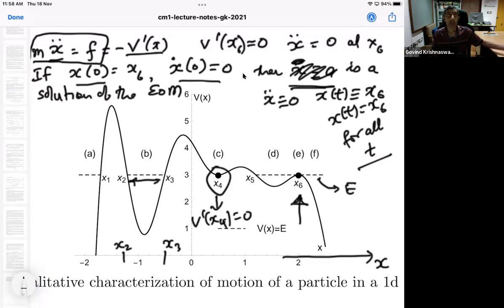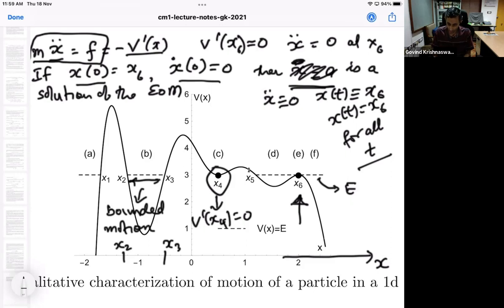So that is oscillatory motion. This is a bounded motion because the particle's position remains bounded between x2 and x3.